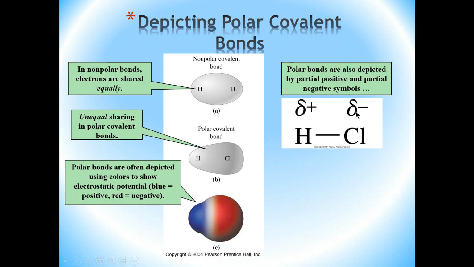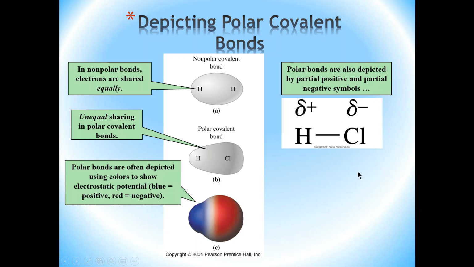This is the Greek letter delta. So delta minus and delta plus represent partial negative and positive charges. What this is saying is that you won't have a full negative charge on the chlorine. It's going to be a partial charge. And as a result, you'll also have a partial positive charge, not a full positive charge, on the hydrogen. So we can represent a polar bond using this representation as well.